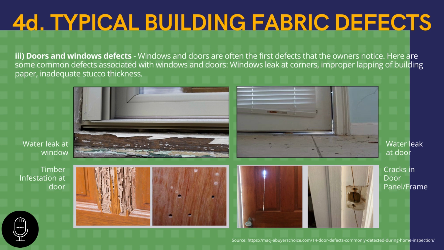For your information, timber defects are classified into two major groups, which can be categorized under non-biological and biological deterioration. Non-biological deterioration consists of physical decay, excessive moisture content, dimensional instability, and chemical deterioration.